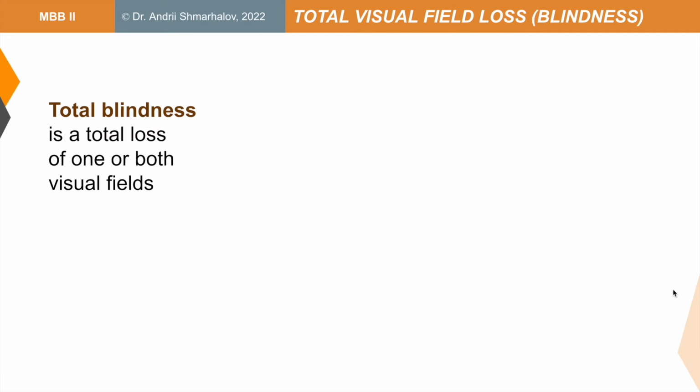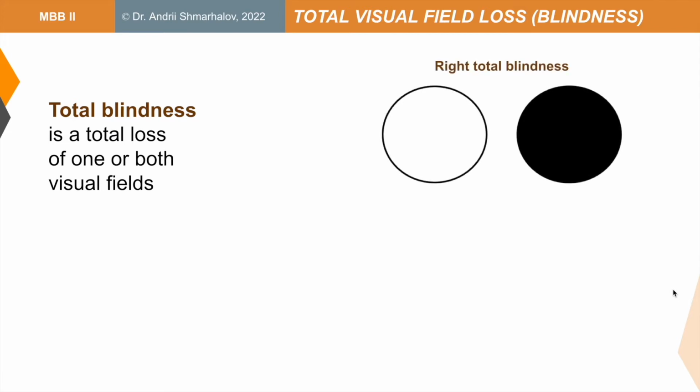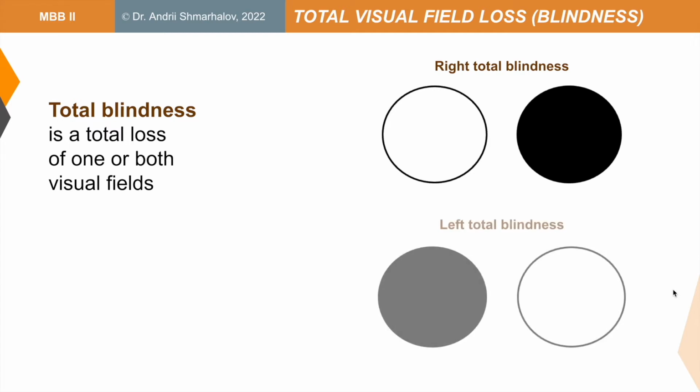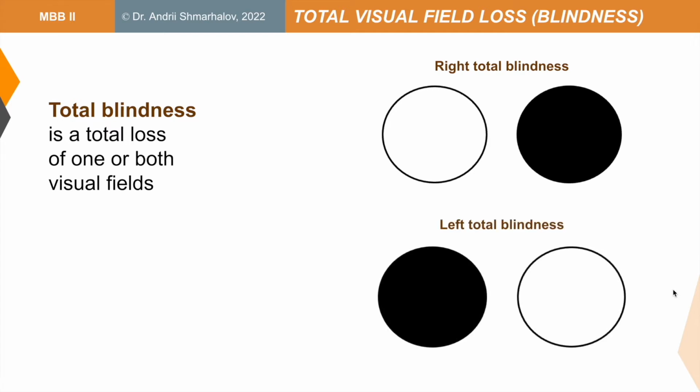Next, we're talking about total blindness, which is a complete loss of one or both visual fields, and can be represented as a complete black circle. In this case, you can see the right total blindness because the right circle is black, and left total blindness because the left circle is black.